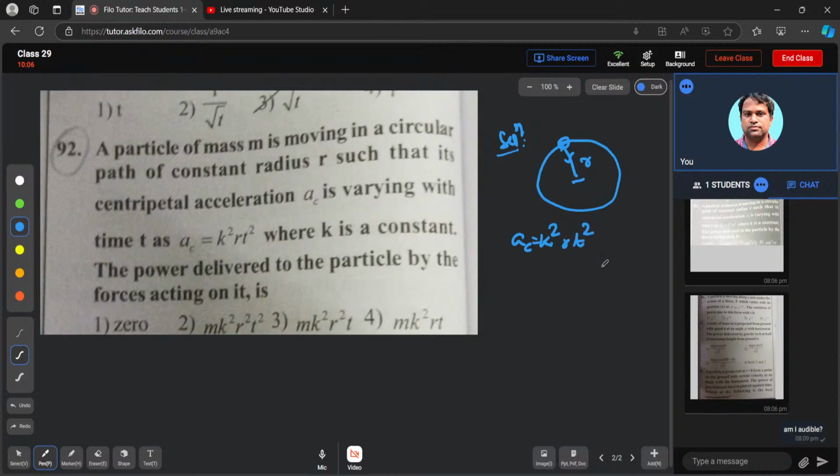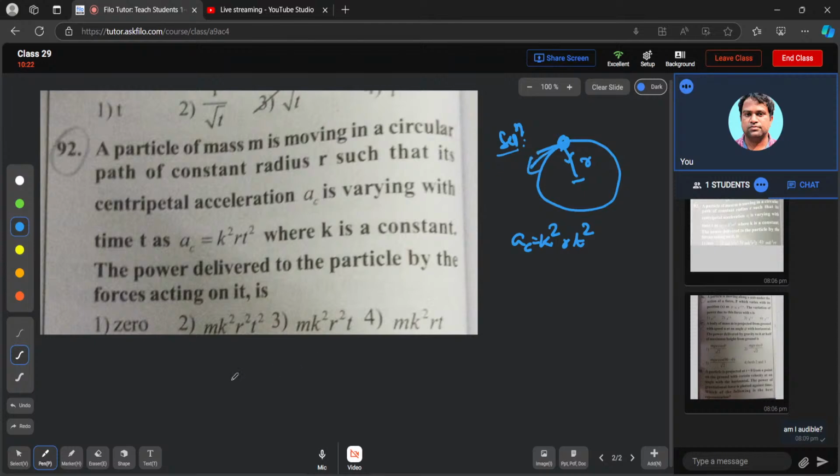K is a constant. So you have to find the power delivered by the force acting on it.